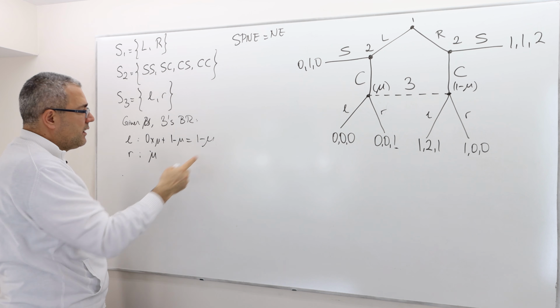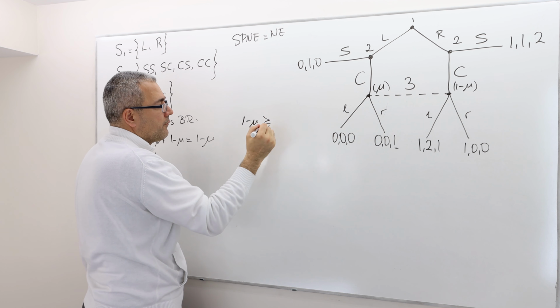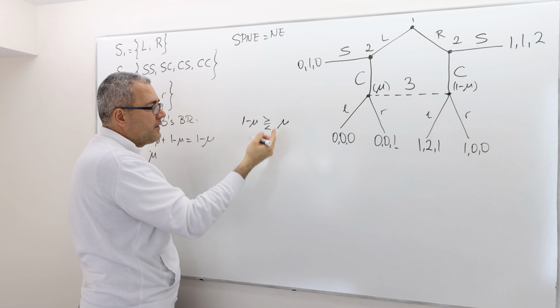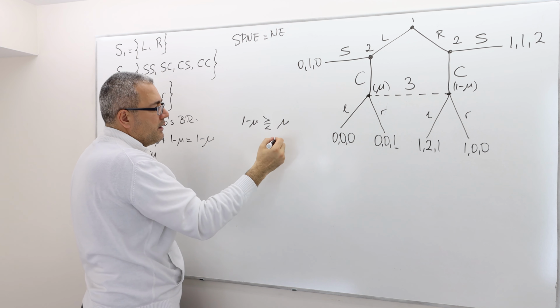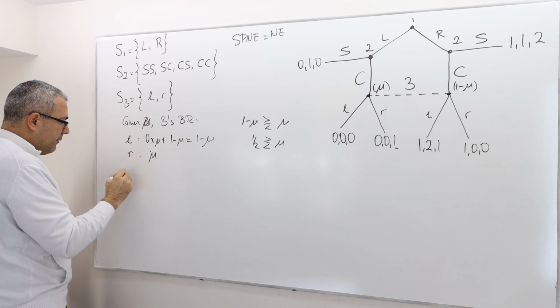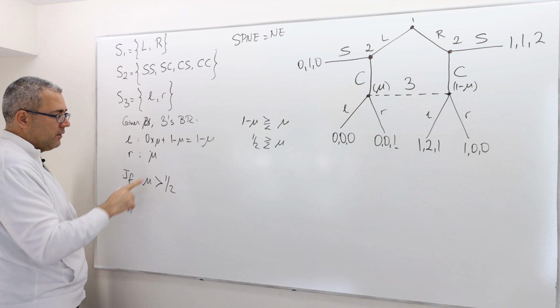So the question is, which one is bigger? Well, if you do this calculation, 1 minus mu is greater than or less than or equal to mu. It means that mu is greater than or less than or equal to 1/2. So basically that means if mu is greater than 1/2, all right?